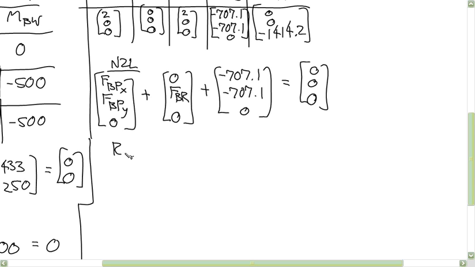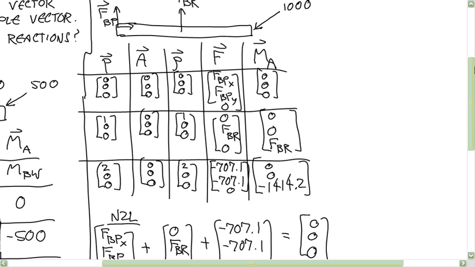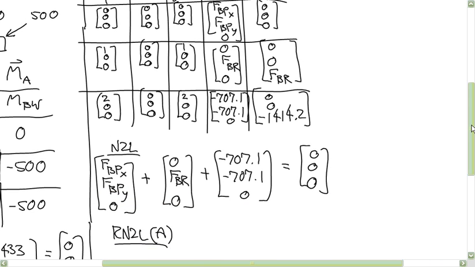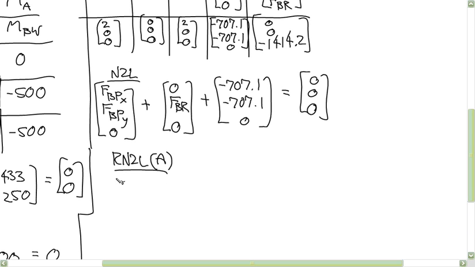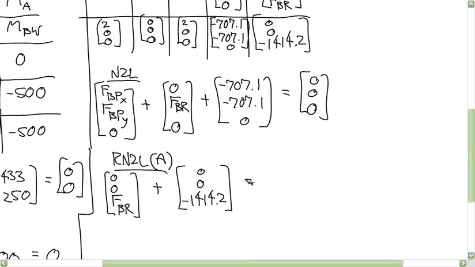And then rotational Newton's second law about A. We have 0, 0, FBR plus 0, 0, negative 1414.2 is equal to 0, 0, 0.